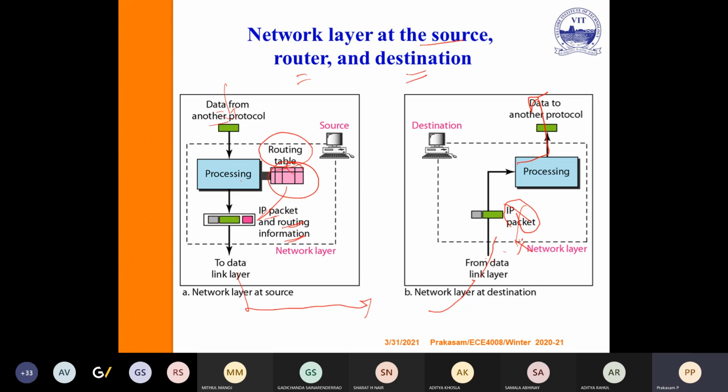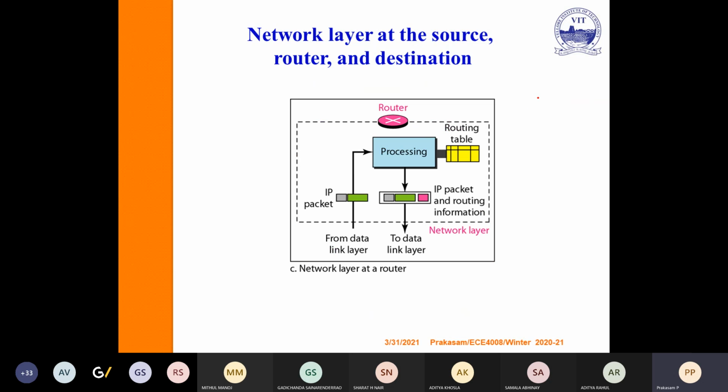Then while processing, the packet number and packet information will all be discarded, and the remaining information will be passed to the higher level. So this is the function of the network layer at the source as well as the destination.